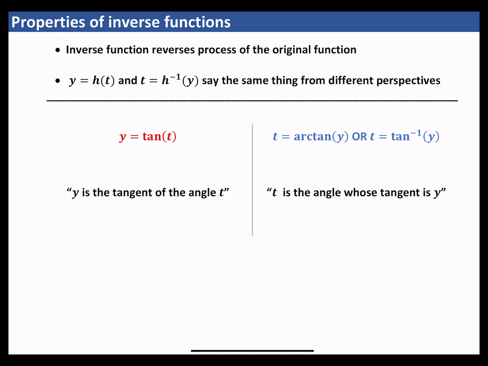So we know that y equals the tangent of t means that y is the tangent of the angle t. And if we change perspective, we can write the equivalent statements t equals arctangent of y, or t equals the inverse tangent of y, both of which mean t is an angle whose tangent is y.